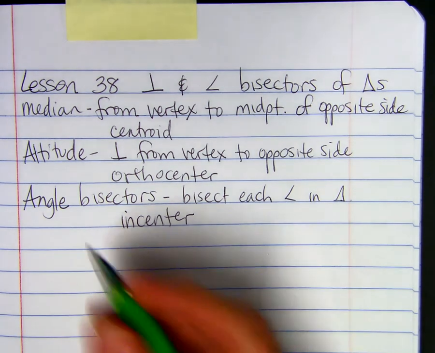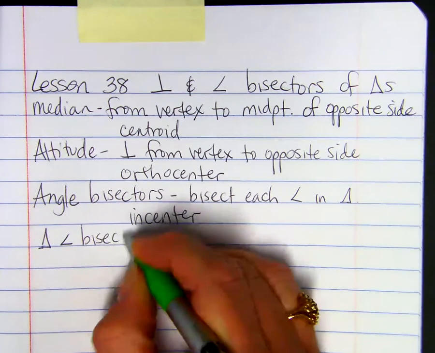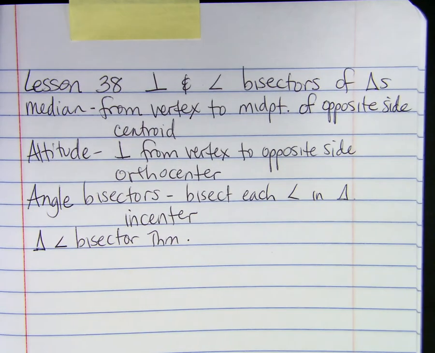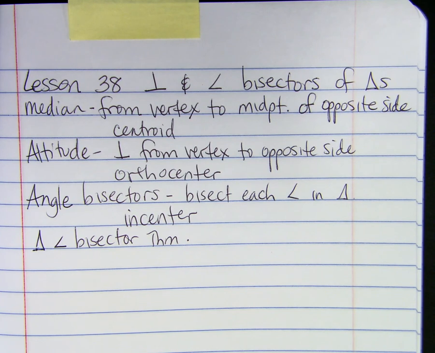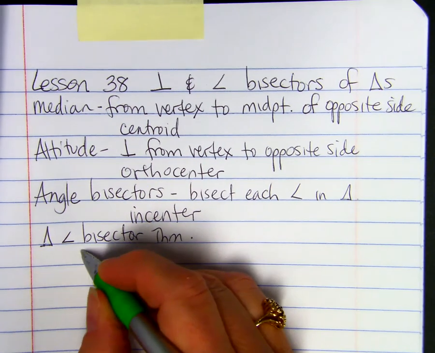There is what's called a triangle angle bisector theorem. Basically, it says if a line bisects an angle of a triangle, then it divides the opposite side proportionally to the other two sides of the triangle. So it's easier with the picture.